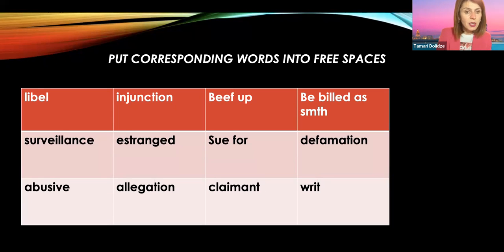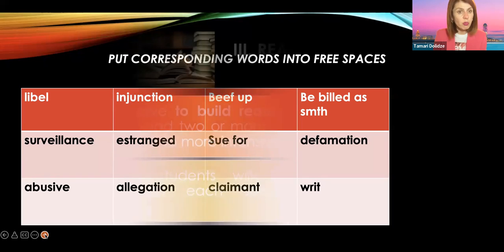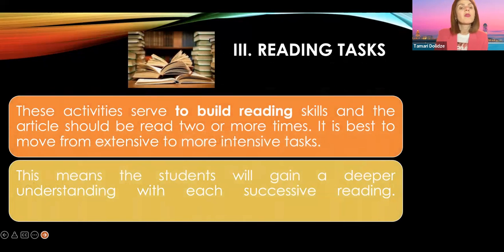They were asked to do it first individually, then think and pair with their partners. So this is one of the activities which really worked well in the case of a legal English class, and not only legal English class, but in the case of a famous comedian's case.